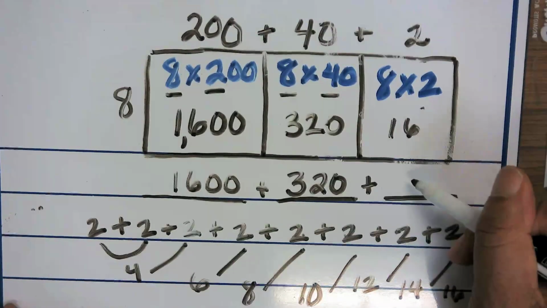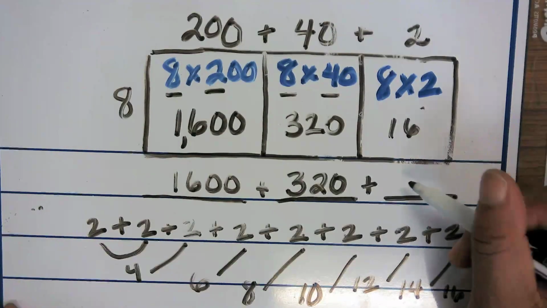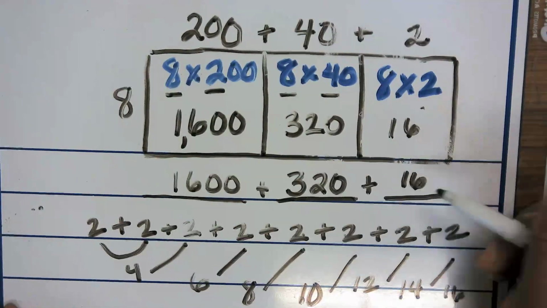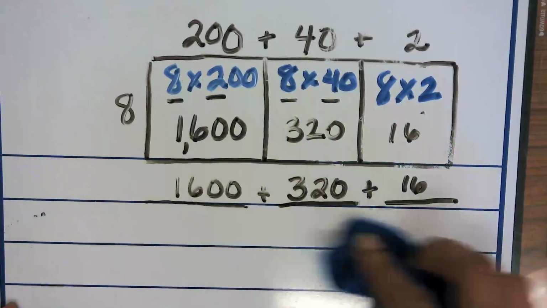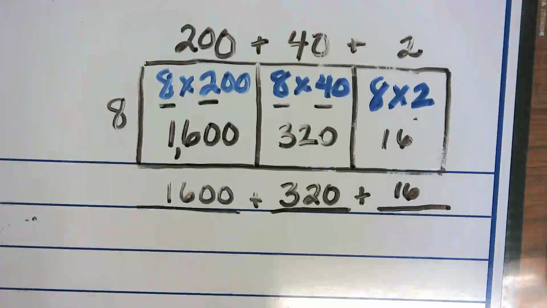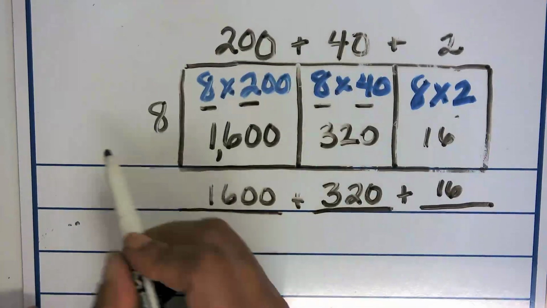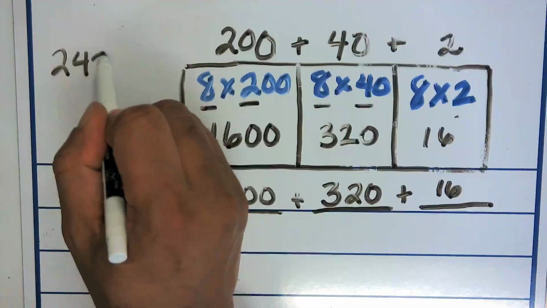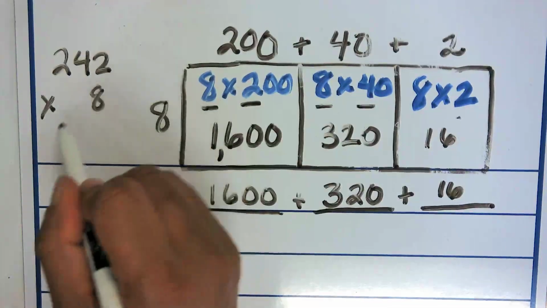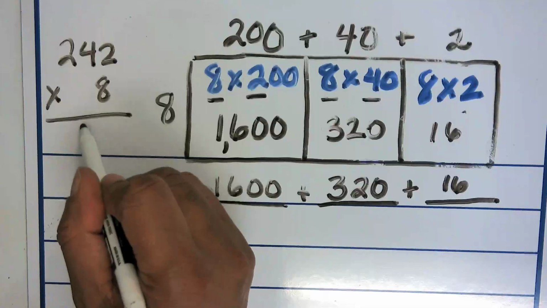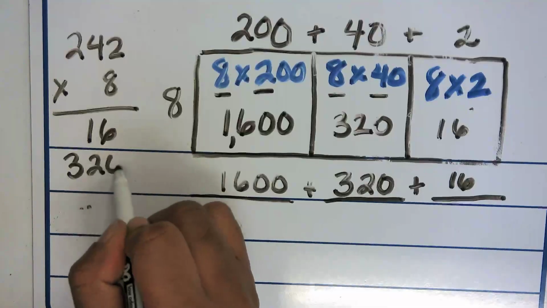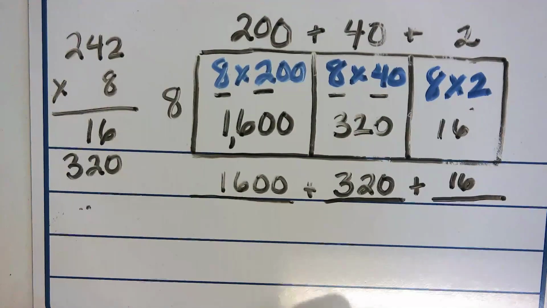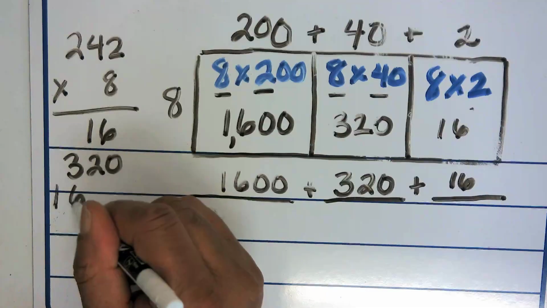So now we have 1,600 as one partial product, 320 as the second partial product, and 16 as our third partial product. But we're not done. We want to put all of them together so we can now find the total area. 242 times 8. Our first partial product was 16. Second partial product was 320. And our third partial product was 1,600.